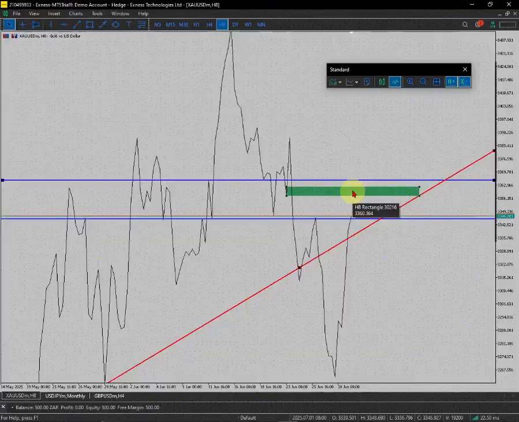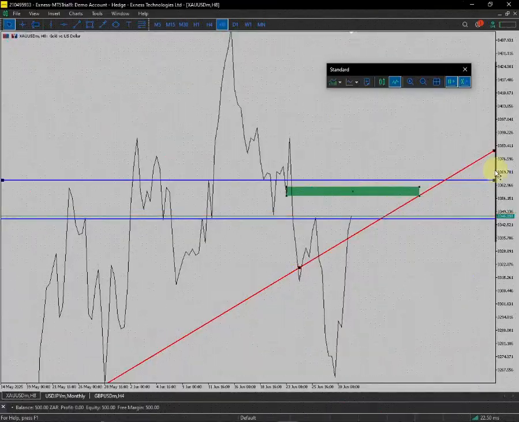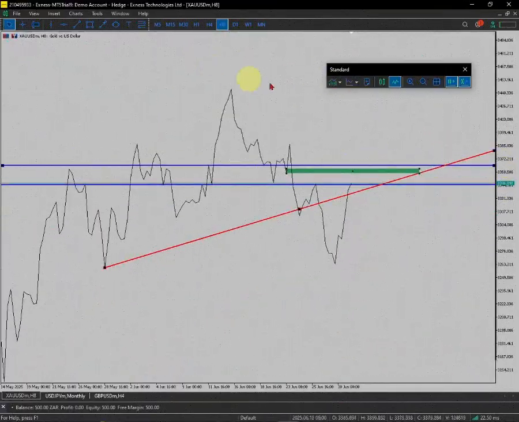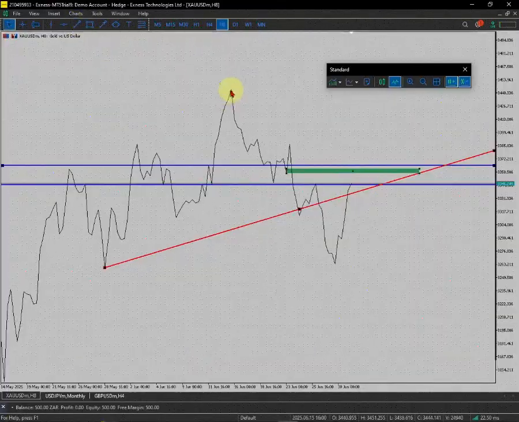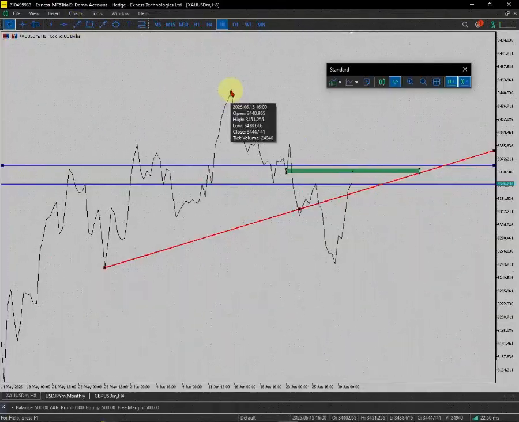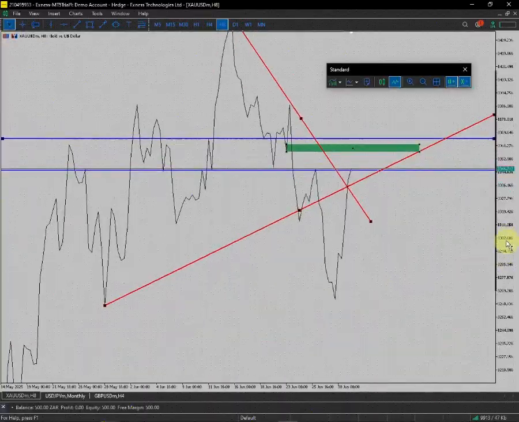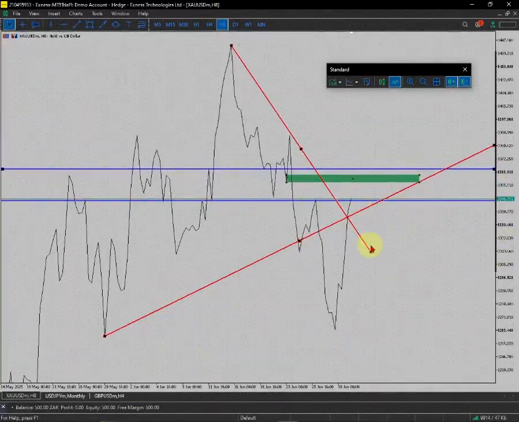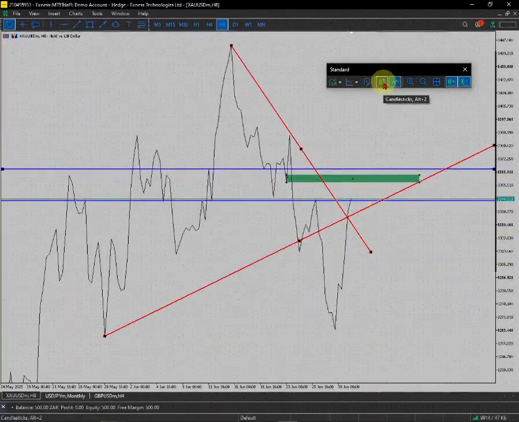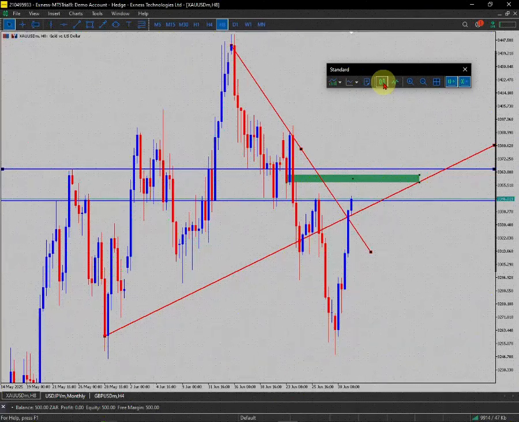So conditions, what are the conditions for me right here in gold? So I say I have two swings, touches on the trend line, which currently the market or the price has already broken.